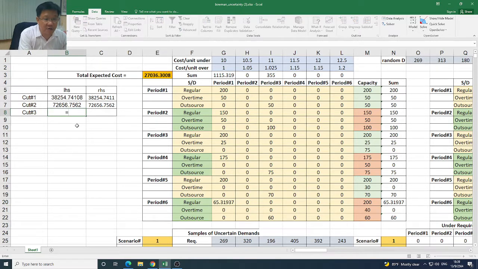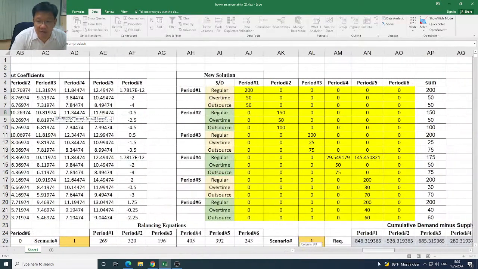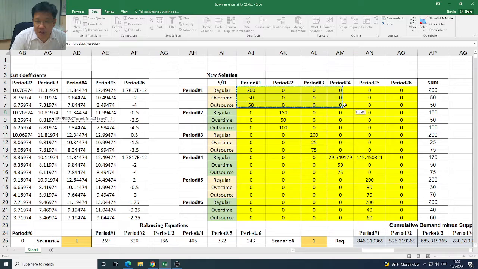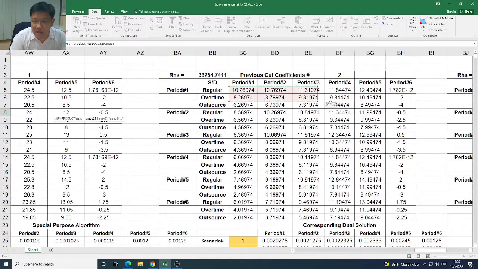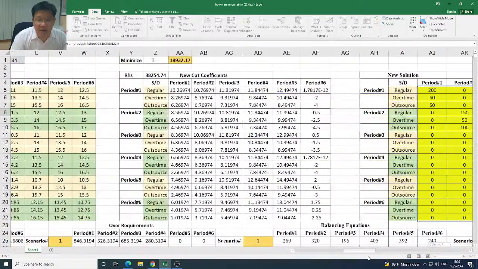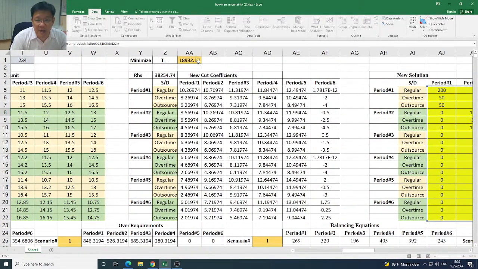In this one you want to find the sum product of what? You're going back here. This is for the new solution that you're going to find, and you want to do it with the cut coefficient here. And then you need to add another value, which is the t, the AA here.